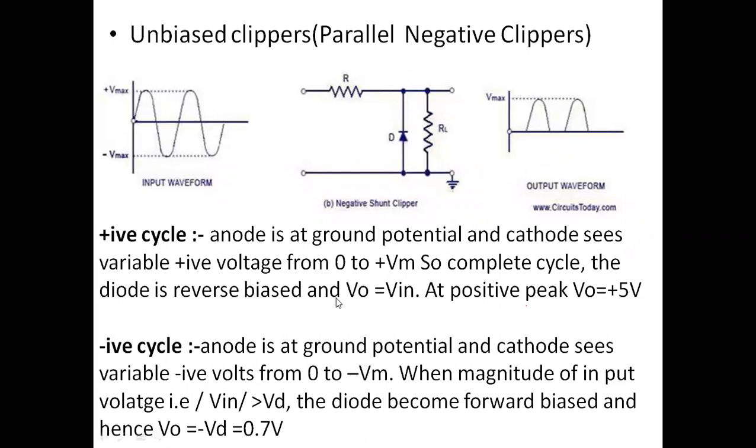In all these clippers, you have to remember only a single point, and using that point, we check whether the diode is in on position or off position. The only check is that the anode voltage should be greater than the cathode voltage. That you have to remember.